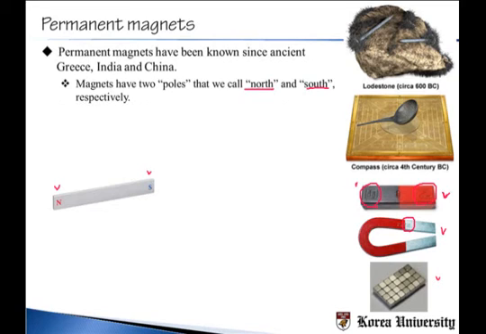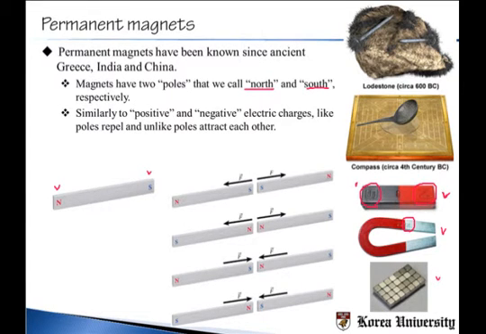And I believe that everybody already knows that magnets have forces. So probably from elementary school, you had some experience of magnets pulling each other or pushing each other away, right?